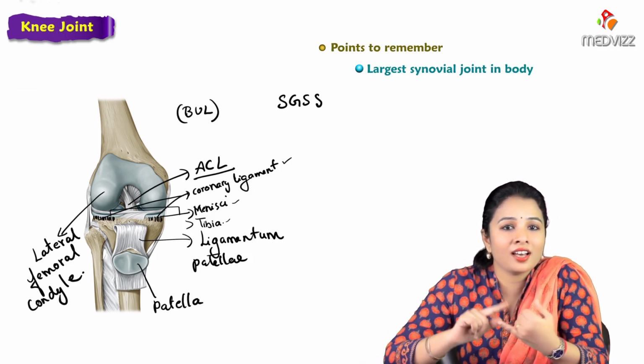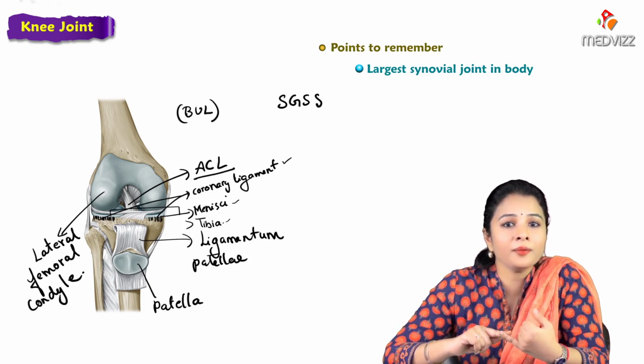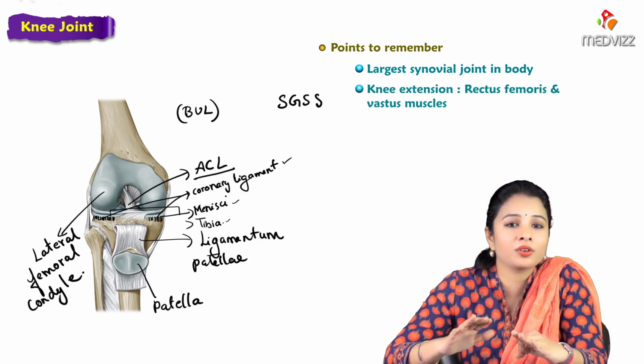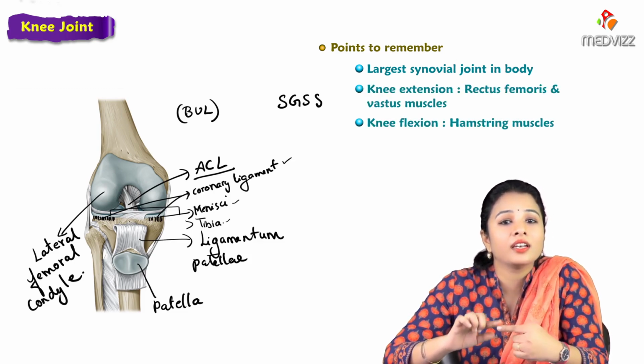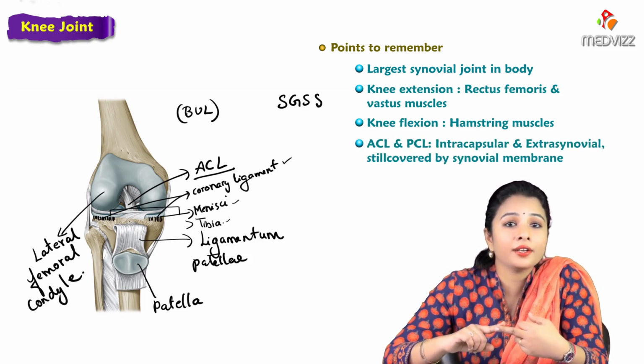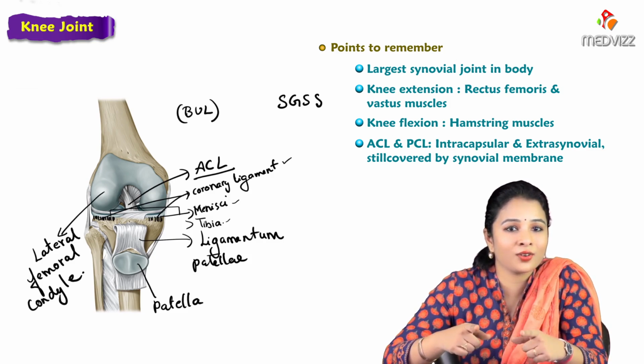The knee is the largest synovial joint in the body. Rectus femoris and vasti muscles are for knee extension, meaning quadriceps femoris causes knee extension. Knee flexion is carried out by hamstring muscles. The anterior cruciate and posterior cruciate ligaments are intracapsular, extrasynovial.